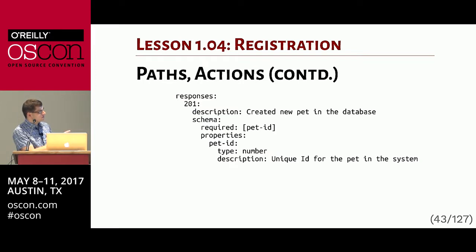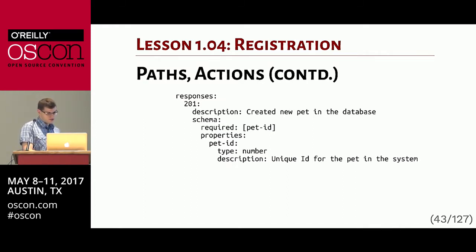We can also give it a more detailed description for our clients to say that this is a unique ID that is returned from our action. So now we can have more complete functionality that is described both from the request that is coming into our path and also a more complete response that we can return back to our client.